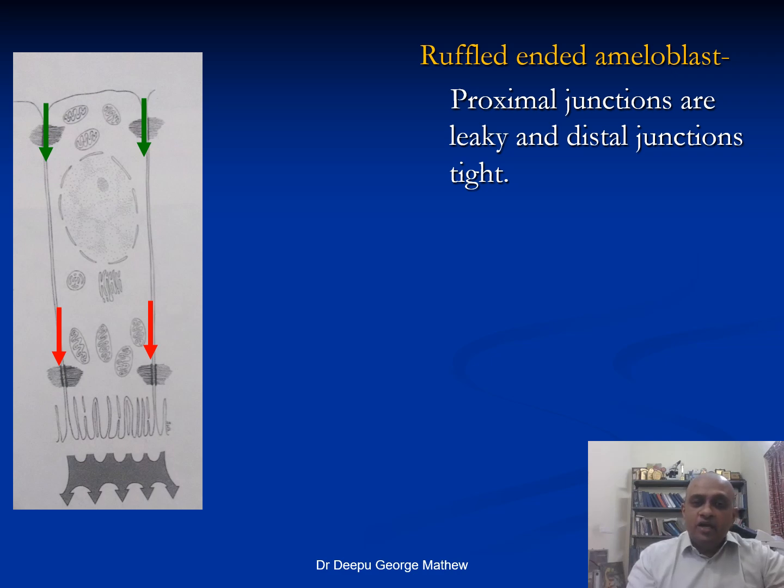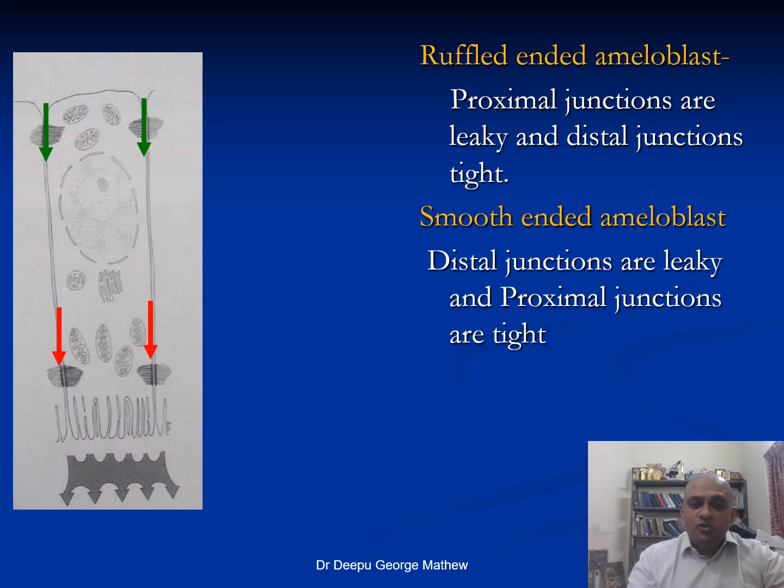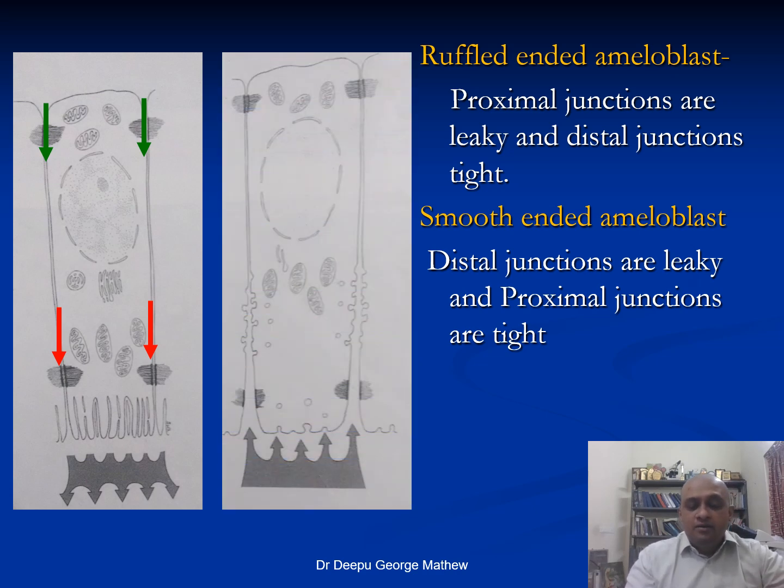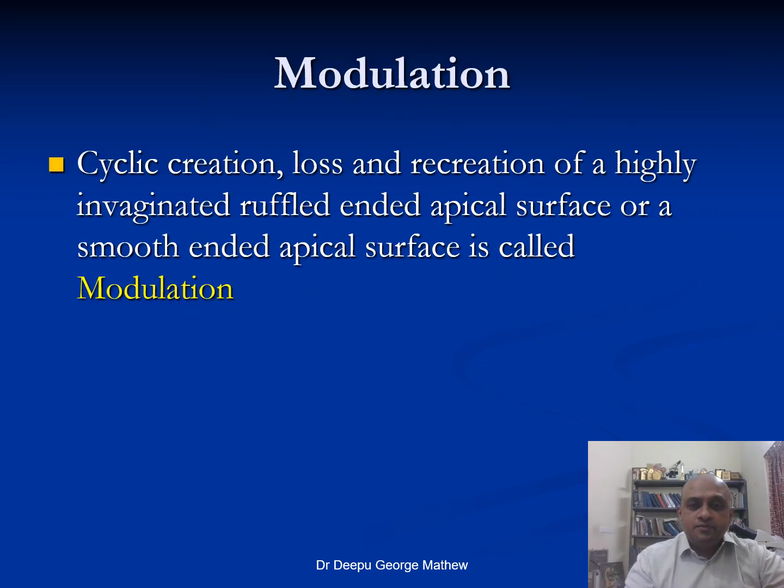But when it comes to a smooth-ended ameloblast, whose whole purpose is reabsorption, you have the opposite thing happening. You have the distal part of the junctions leaky, because you will have more absorptive areas for removing the water and the proteins, and the proximal junctions will be tight.